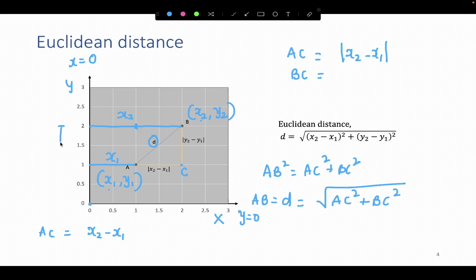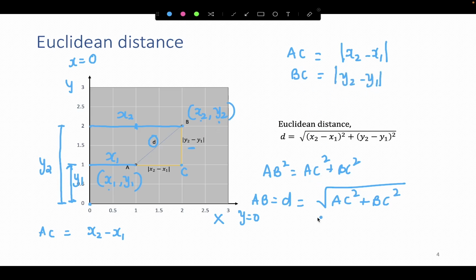This is going to be y2 because the y coordinate of point B is y2, and this distance is y1 because the y coordinate of point A is y1. So y2 minus y1 gives us this side of the triangle, which is BC.